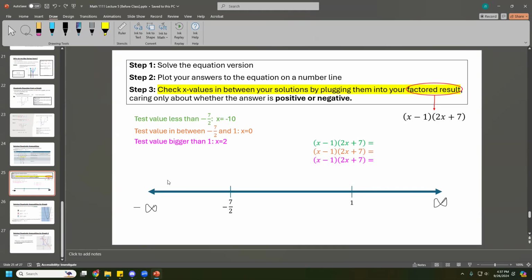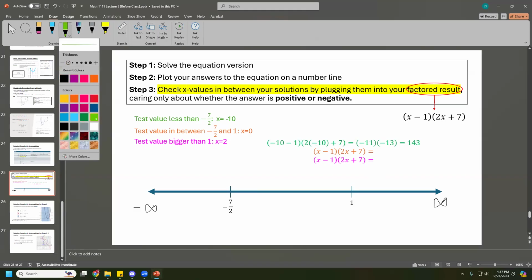So if I pick -10 for this interval, I'm going to plug it into here, and this would be -10, -10 over here. I'm plugging it into the factored version because all I really care about is whether or not the answer is positive. I don't necessarily care about what the number is. So I'm going to go find the number, but I don't actually really need it. So this is going to be -10 times -13, which is going to end up being 143, and 143 is positive.